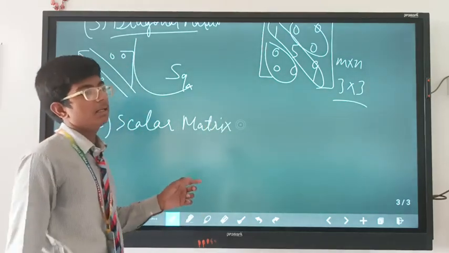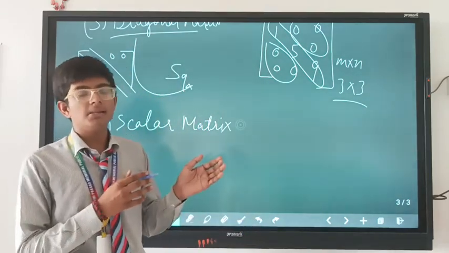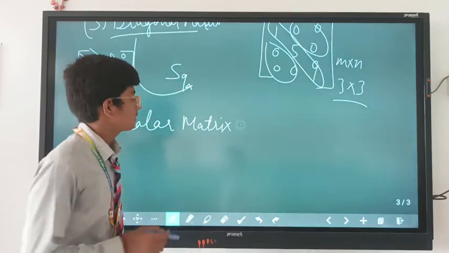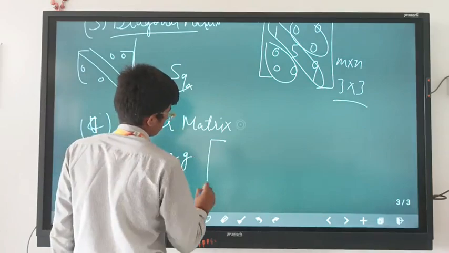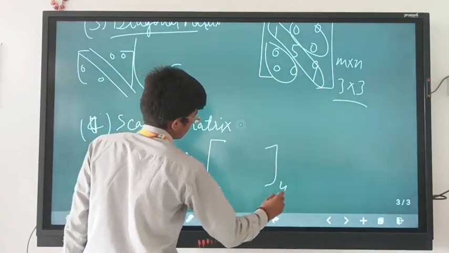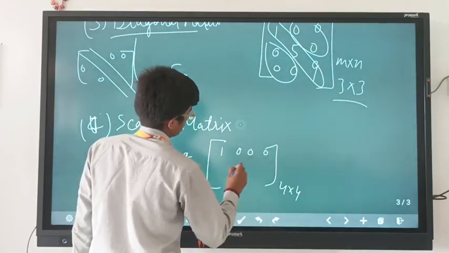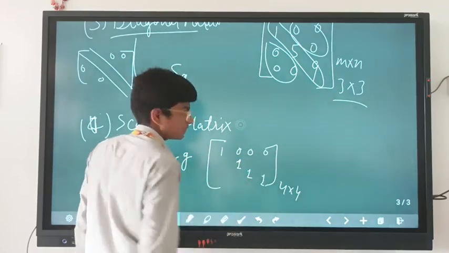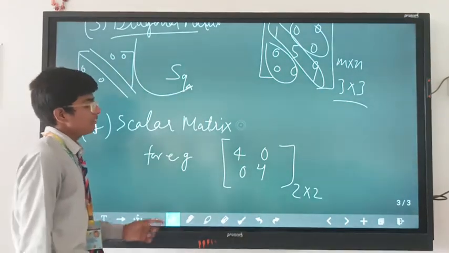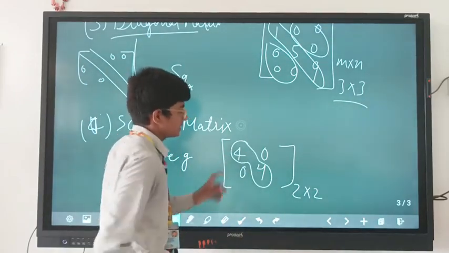If there is a square matrix such that all its diagonal elements are the same, for example, here we can see that the elements at the diagonal are the same.